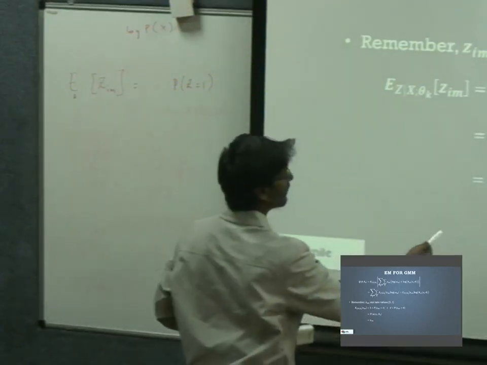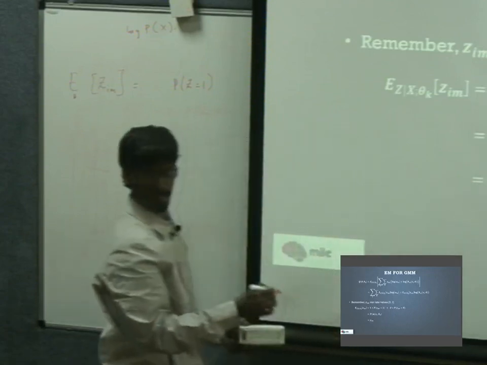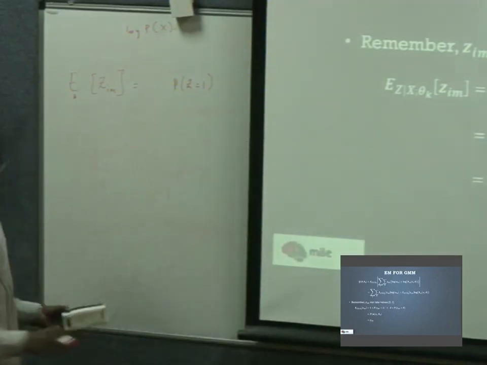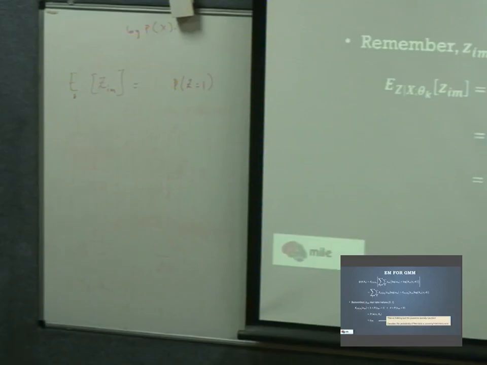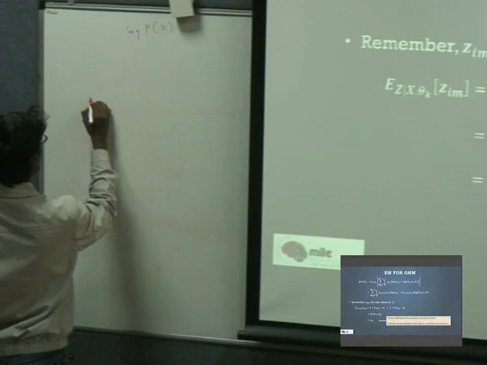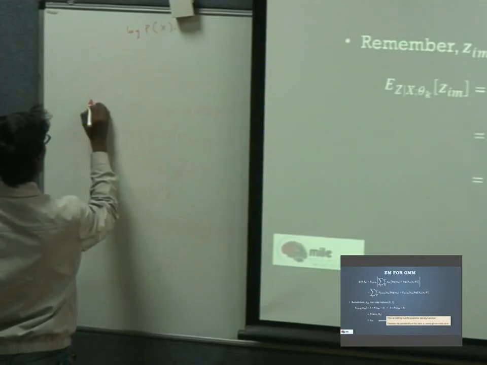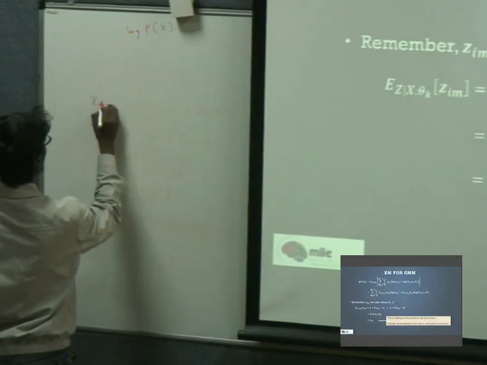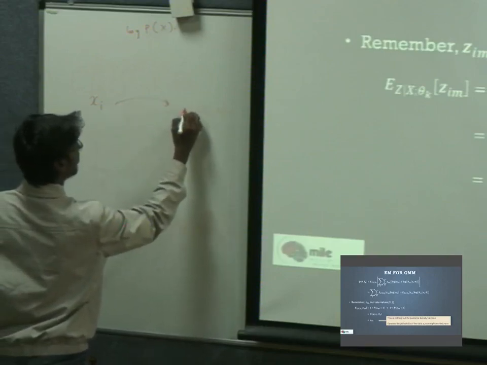In shorthand notation we'll write it as gamma im. So gamma im is nothing but the posterior density function. The posterior density function in this problem means the probability that the data vector i comes from mixture m.